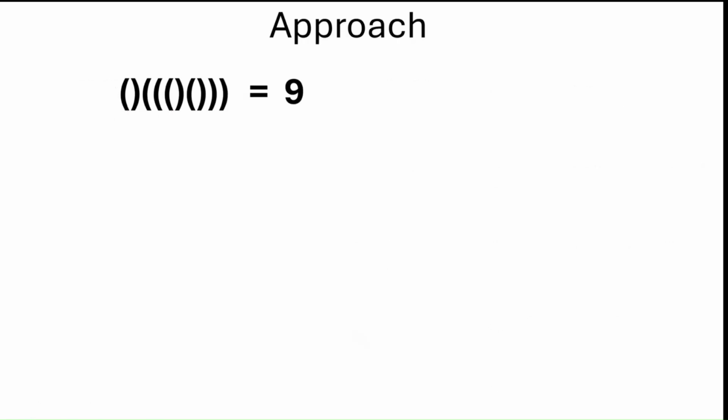Let's understand the approach. Let's say this is the input example given to us for which the score is 9. We'll understand how. If you want to represent this overall string, it can be represented like this. So this is the empty parenthesis plus the rest of the string. Why empty parenthesis separately? Because this is the smallest unit for which we know the score, which is 1. Then we will divide this string also to the smallest unit.